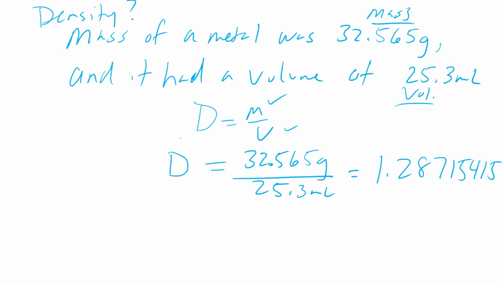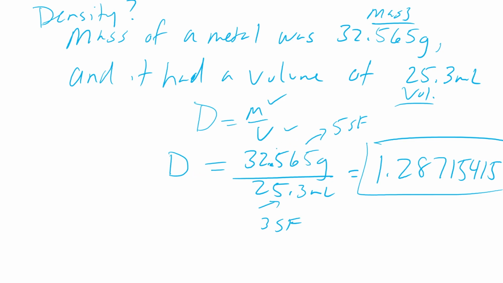That's going to give us a density of 1.28715415. That's what it's going to look like on your calculator. And we want to figure out where we should end up. We are dividing here, so we are going to look at significant figures. The top number has 5 sig figs. The bottom number has 3 sig figs. That means we want to end up at 3 significant figures.